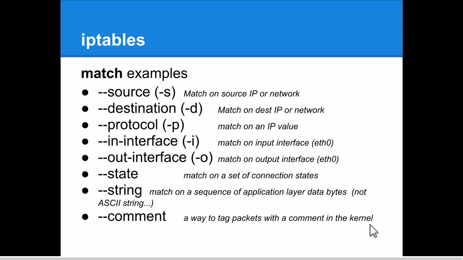You can match based on the source IP, the destination IP, the protocol, the interface it comes in on, the interface it goes out of, and the state of the connection, which is very important. You can also match based on the source MAC address and destination MAC address as well. That's usually enabled by default, I think, in 2.6 plus kernels.